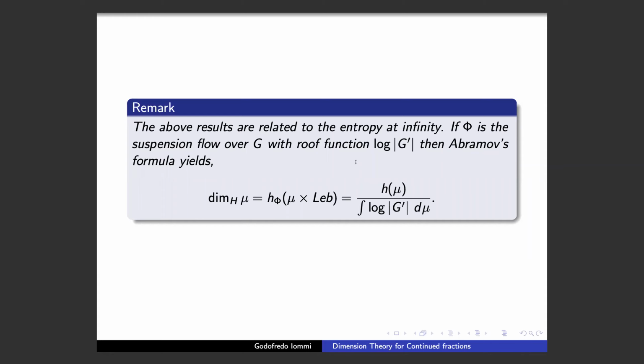This is something that is known: when you prove entropy results or pressure results for suspension flows, you might be able to translate some of those results to dimension theory for the base map, due to this relation I'm showing you here, which relates the entropy of the invariant measures for the flow with the Hausdorff dimension of the measures on the base.